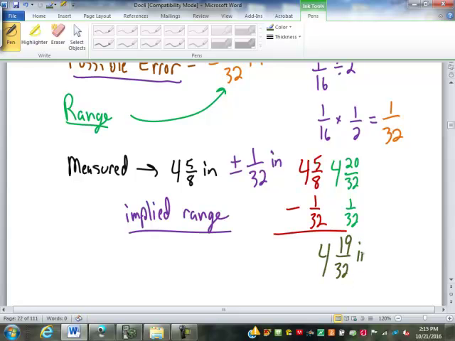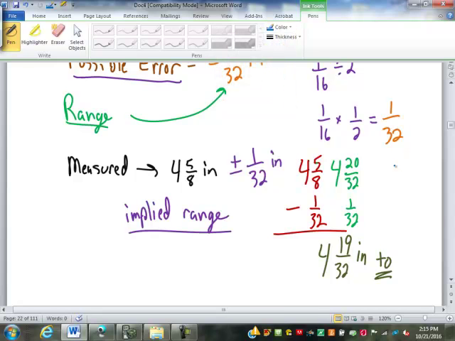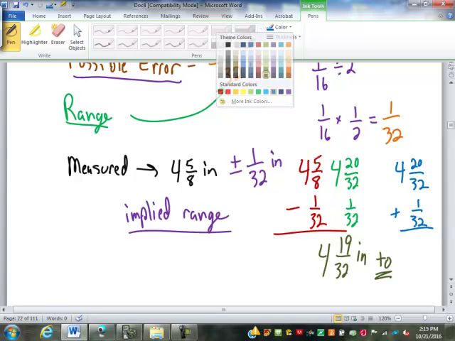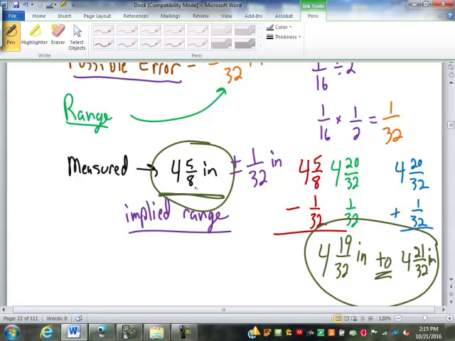So 4 and 19 32nds of an inch, up to, if I added those together, I'm going to keep it as 4 and 20 32nds instead of 4 5/8. If I add a 32nd of an inch to it, that would be 4 and 21 32nds of an inch. So with this ruler, if I tell you that what I measured was 4 5/8 inches long, what I'm really telling you is it's between 4 and 19 32nds and 4 and 21 32nds inches long.